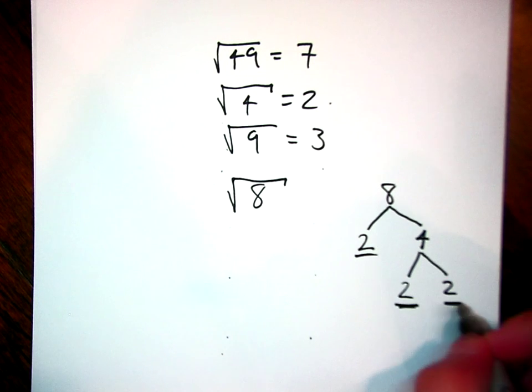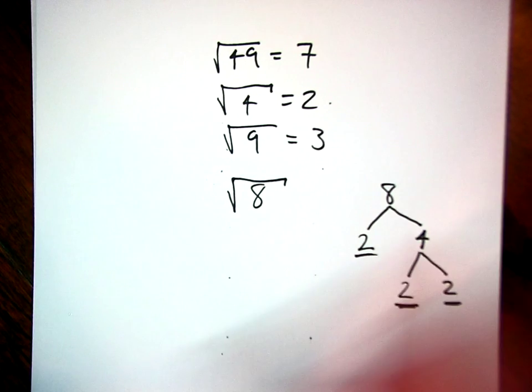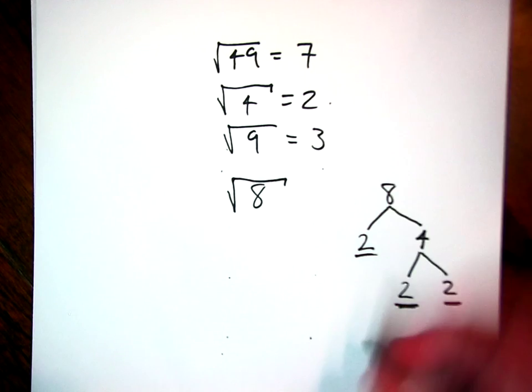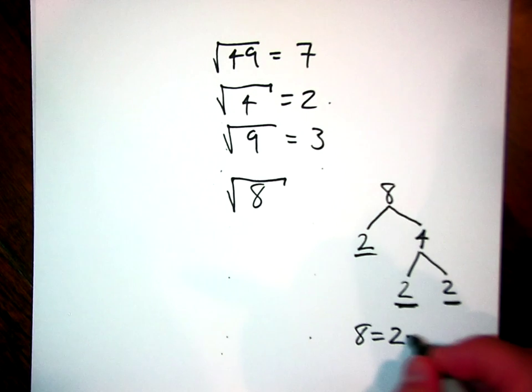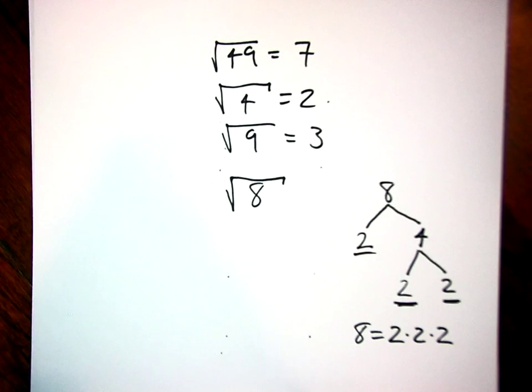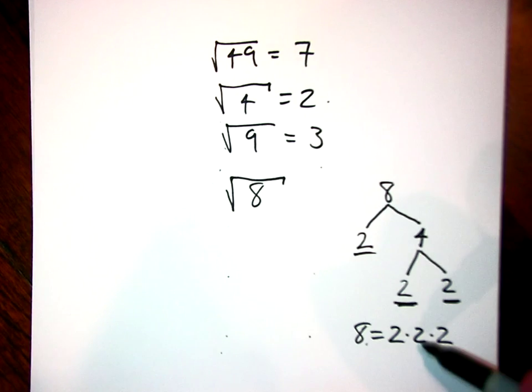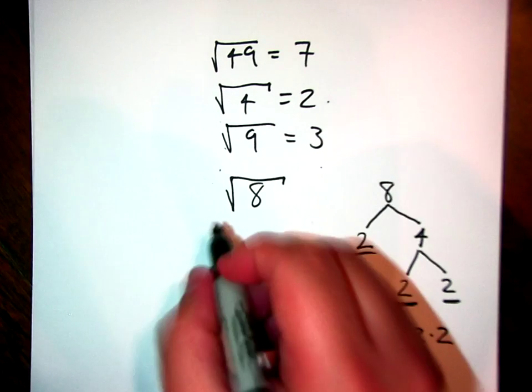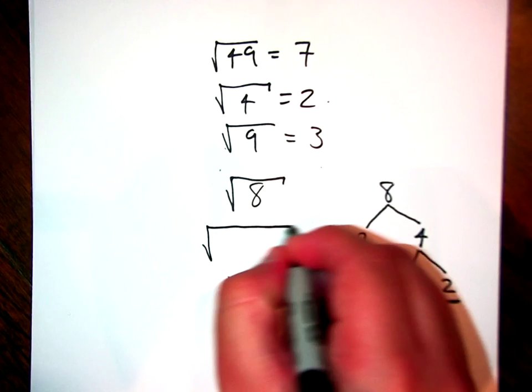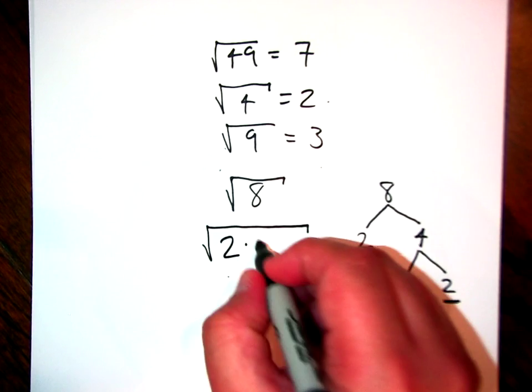So my prime factorization for 8 is going to be 8 equals 2 times 2 times 2. Okay. So since we know that these two expressions are the same, we can trade 8 under the radical for 2 times 2 times 2.